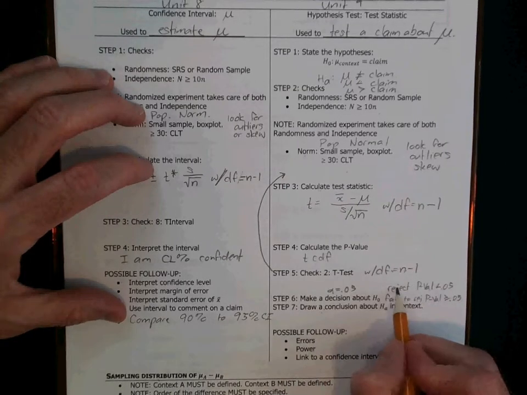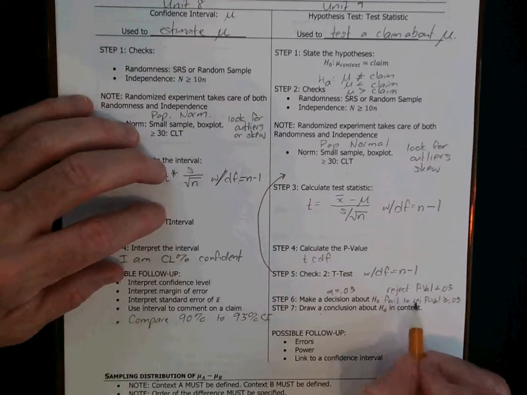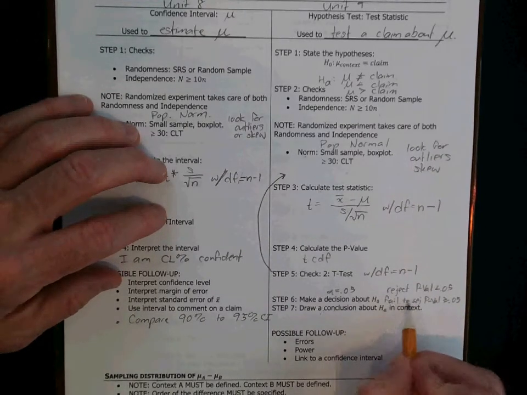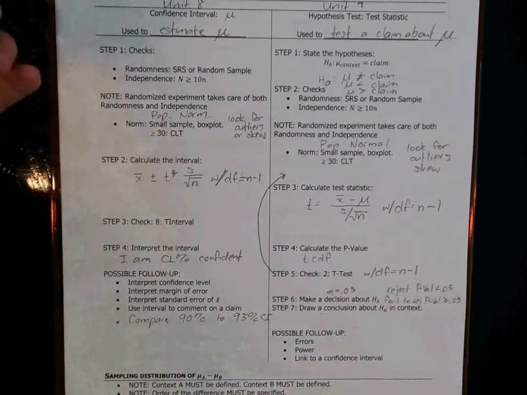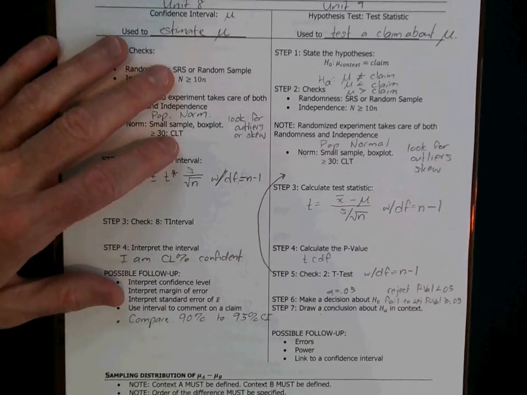So if you reject, that's one word, you could have made a type 1 error. If you fail to reject, ignoring the 2, that's 2 words, type 2 error. Then you could describe it in context. You would specifically be asked if it wanted a consequence. That would need to be a separate question.